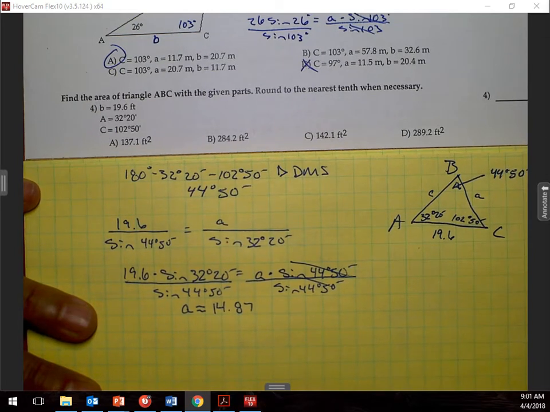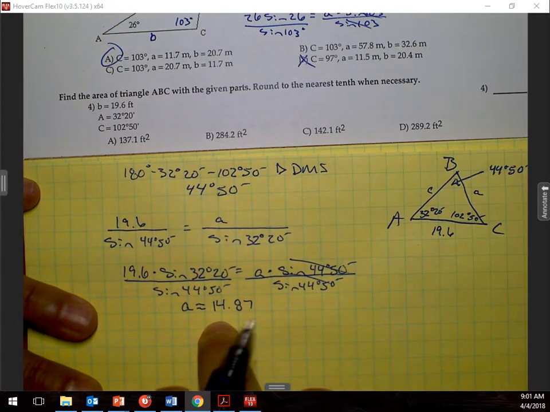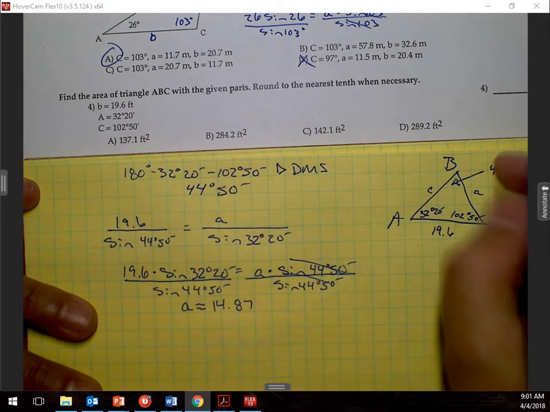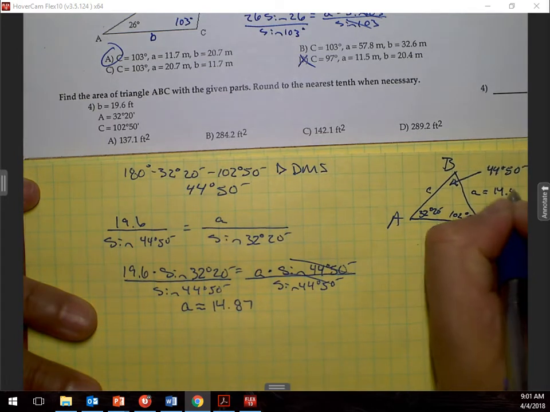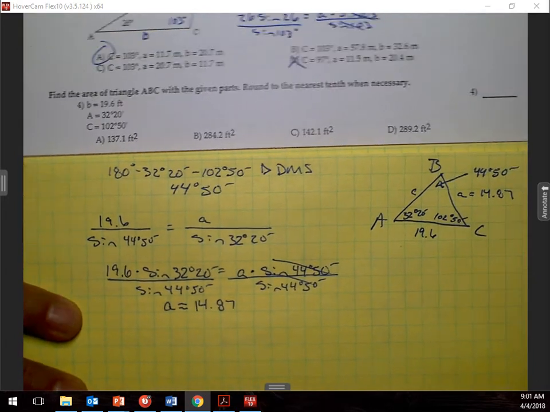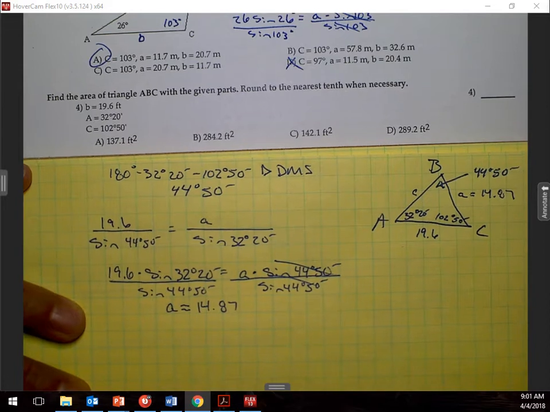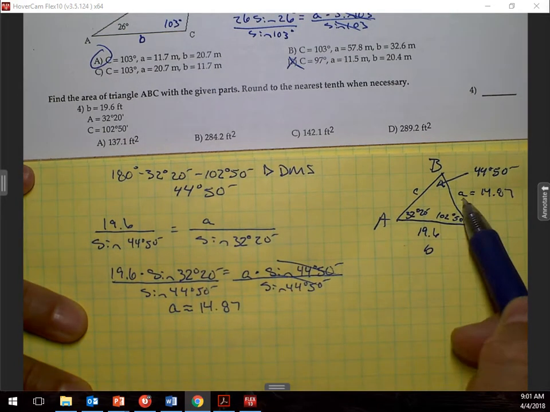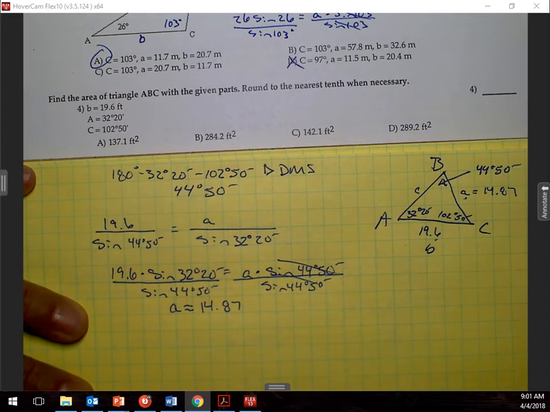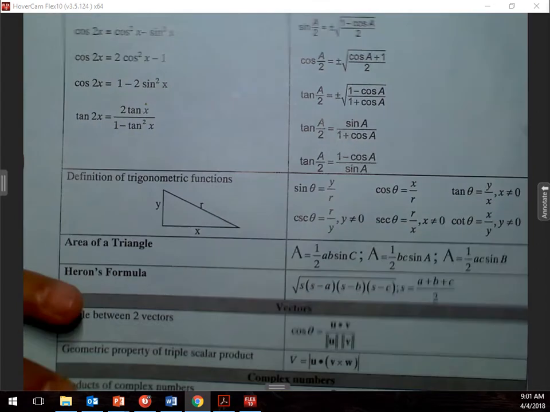Now from the reference sheet, the information I have: I have A, that's my 14.87 right here, little a, little b, and I have all the angles.